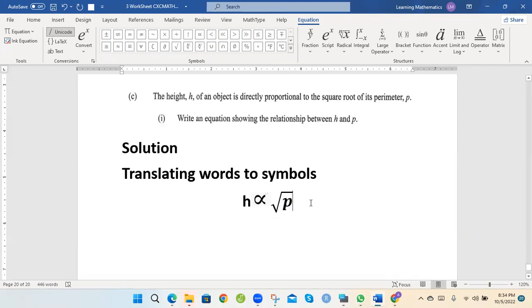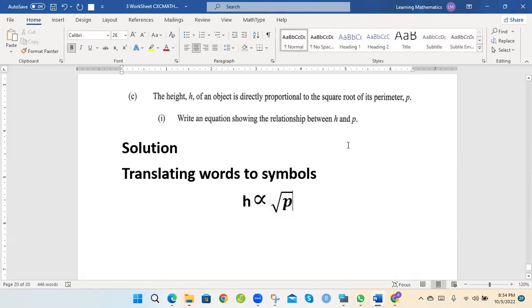This is not an equation. So this now is the start. For the equation, we have not reached the equation yet, because an equation must have an equal sign. An equation must have an equal sign. So this is a proportionality statement: h is proportional to the square root of p.